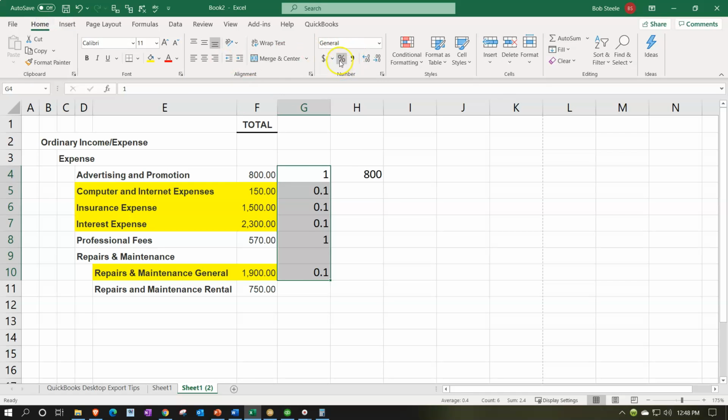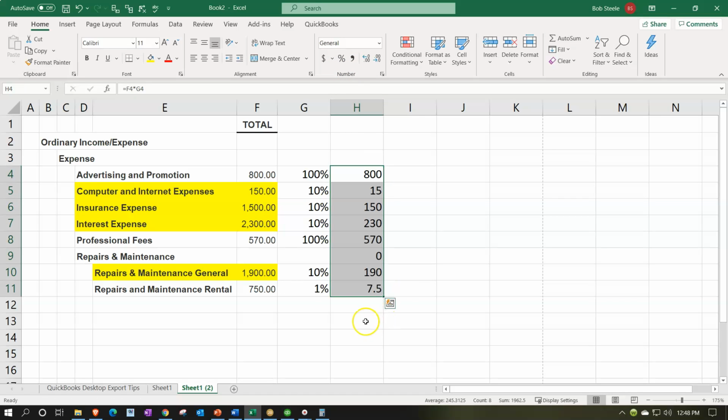Home tab, percentify. And this will be 1 or 100%. Okay, so now let's allocate this out. This is kind of like the type of worksheet you might need to do to allocate your expenses if you have an income statement that hasn't allocated between business and personal.